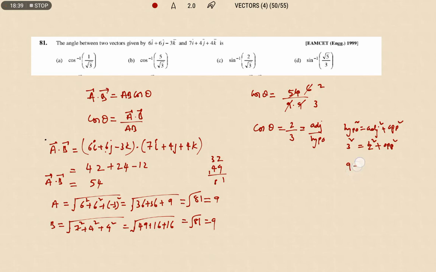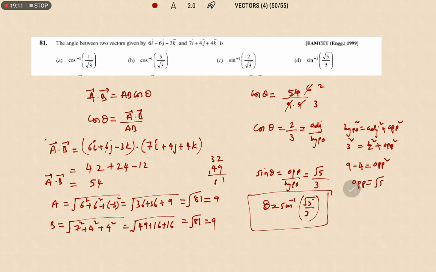So 9 minus 4 is opposite square, therefore opposite is equal to root 5. Now we can write sin theta: opposite by hypotenuse, root 5 by 3. Therefore theta is equal to sin inverse of root 5 by 3. So now we have an option here.